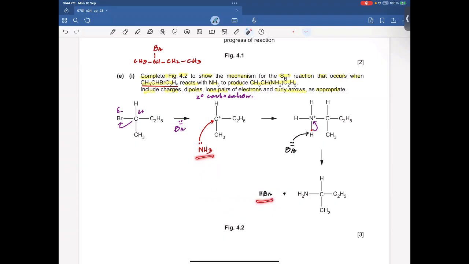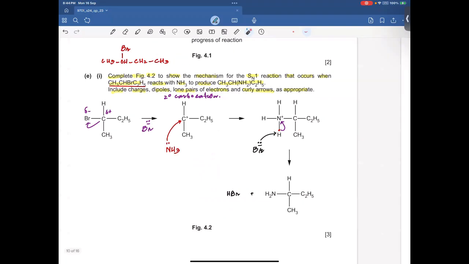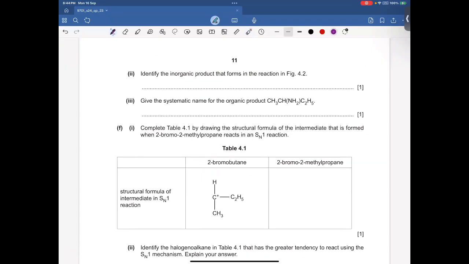All right, let's see. Give the systematic name for the organic product. Let me write the structure of the organic product first. This is NH2, this is CH2, and this is CH3.